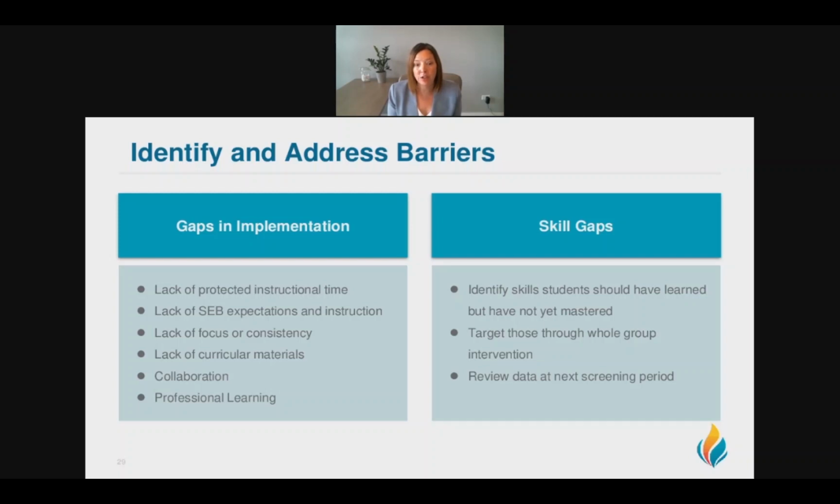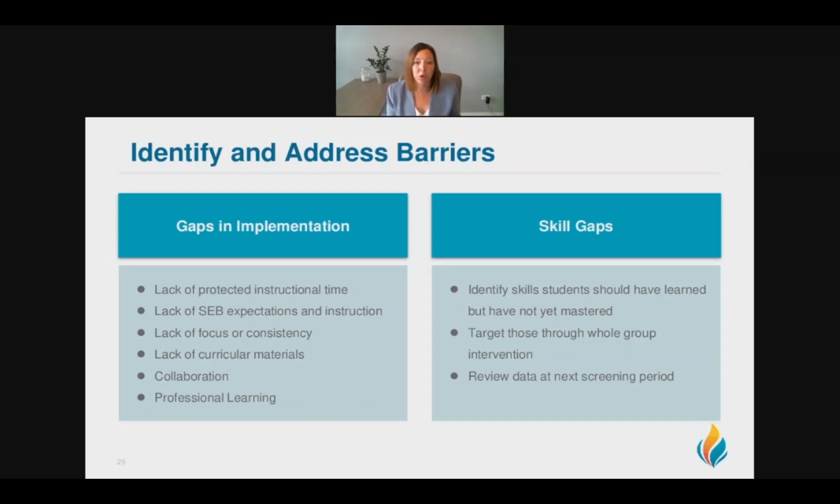We need that protected instructional time as a very first level of what we need to provide all students. In many cases, if we're thinking about social emotional behavior, not having expectations and instruction toward those expectations could be something that we want to make sure that we implement and support implementation for.